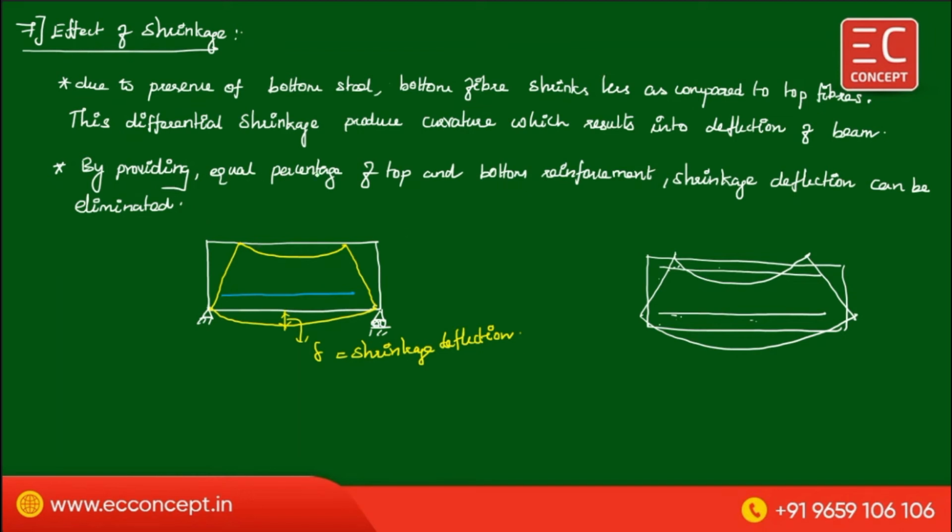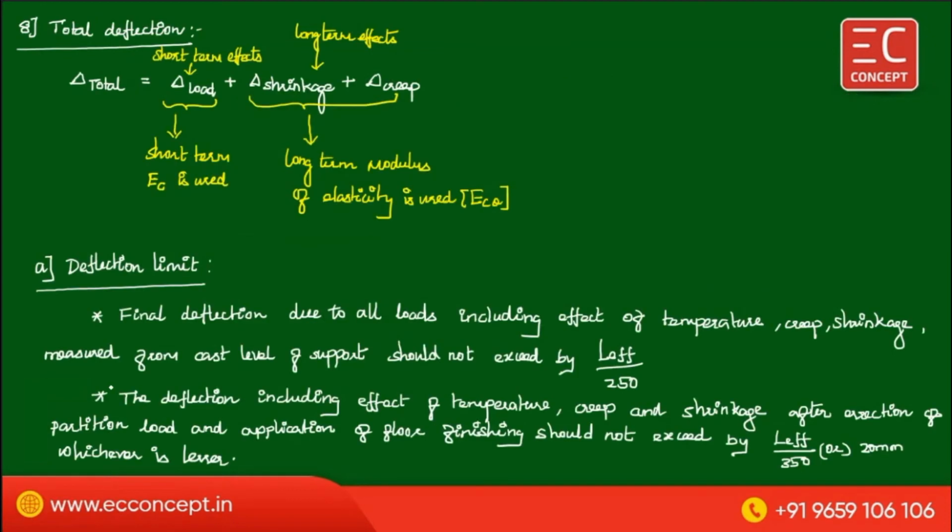By providing an equal percentage of top and bottom reinforcement, shrinkage deflection can be eliminated. As I said, by providing equal reinforcement at the top and bottom, the shrinkage deflection will be eliminated. Understood? Now next one is total deflection calculation.